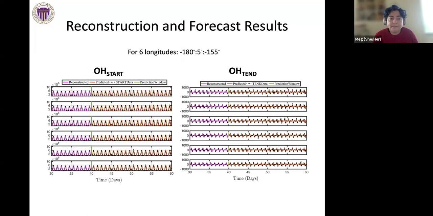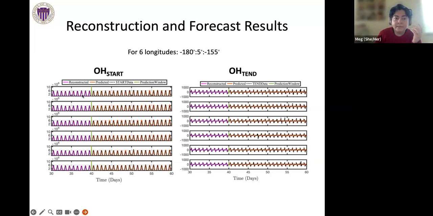Here I have presented the reconstruction and forecasted data results for 6 longitudes at that one latitude, 30 degrees. Here are the time series for the actual data. The black dotted line is the actual data for both the tendency and the state data. The pink line is the reconstruction, and as we can see in the eyeball norm, it fits the original data pretty well for both.